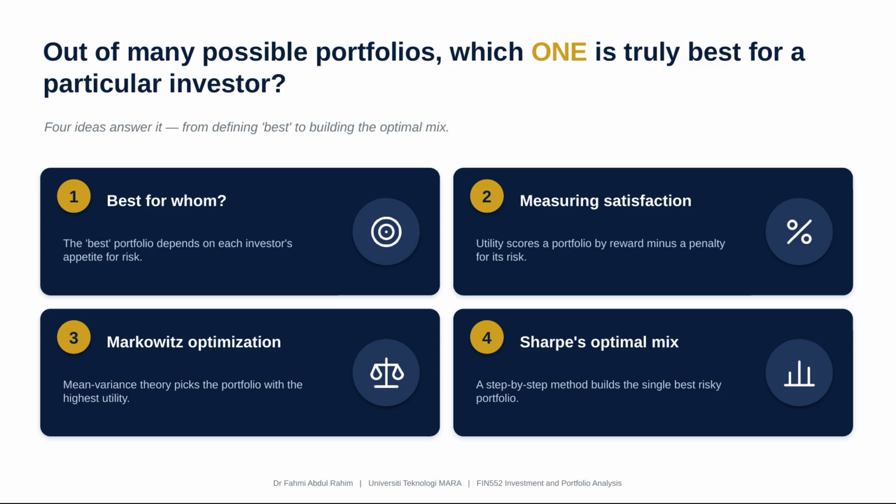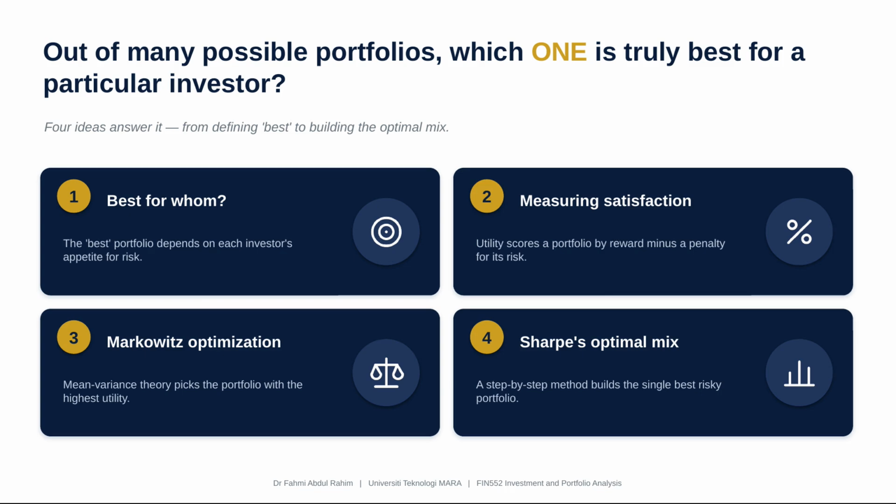The surprising answer is that it depends on who is asking, and four ideas build up to it, shown on the cards. The first idea, best for whom, because the best portfolio is not the same for everyone, it depends on each investor's personal appetite for risk. The second idea, measuring satisfaction, where we use a number called utility that scores a portfolio by its reward minus a penalty for the risk it carries.